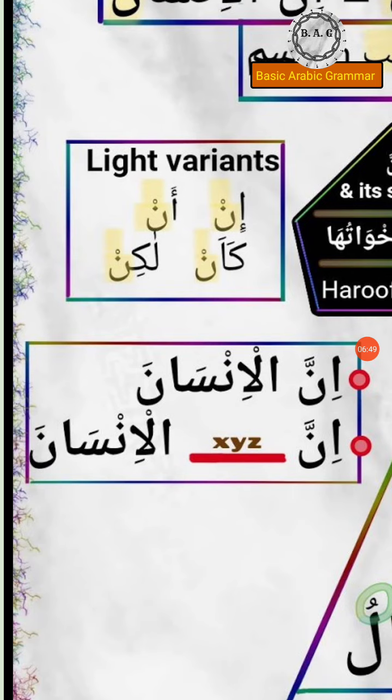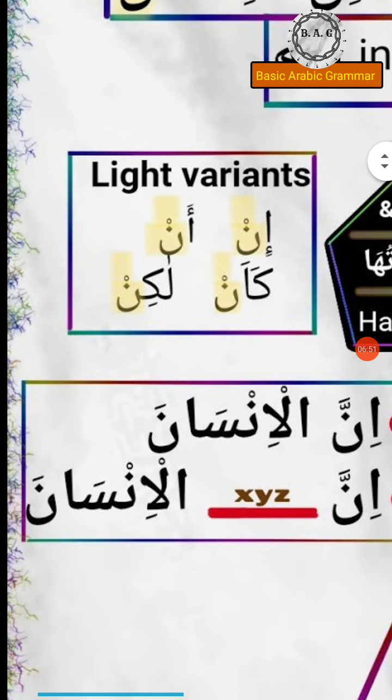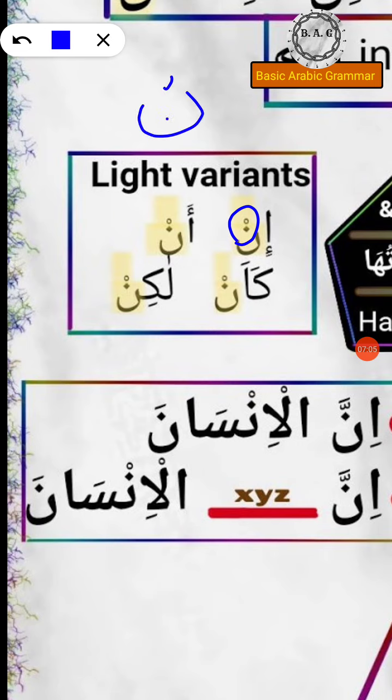Okay, next we have the light variants, fourth point. All right, so what does it mean? Light means noon with sukoon. So all those haroof in this group that end in noon and tashdid are made light by putting a sukoon over their noon.